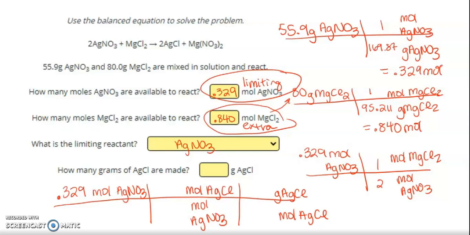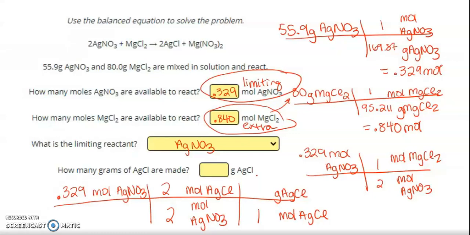I use my mole to mole ratio from the balanced equation. And so for the mole to mole column, I'll plug in that mole ratio. Again, notice I'm not adding in MgCl2 anywhere, just solving using AgNO3. So for mole to mole ratio, I got 2 and 2 from the balanced equation.